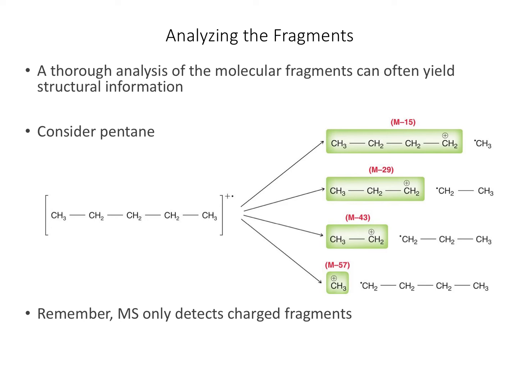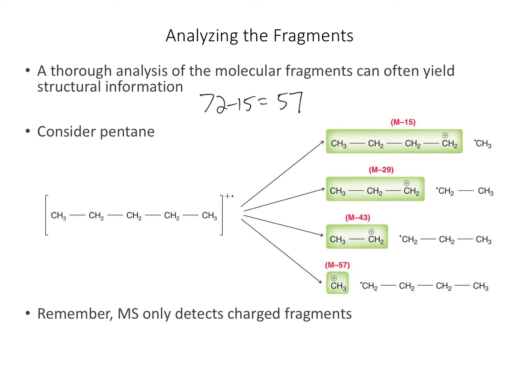As an example, here's pentane. If we chop off this methyl group, well, this methyl group has a mass of basically 15, right? 12 for the carbon and 1 for each of the hydrogens. So if we chop off this methyl, we would expect the fragment to appear at M minus 15. We've said the molar mass of pentane is 72, so 72 minus 15 would happen at 57.